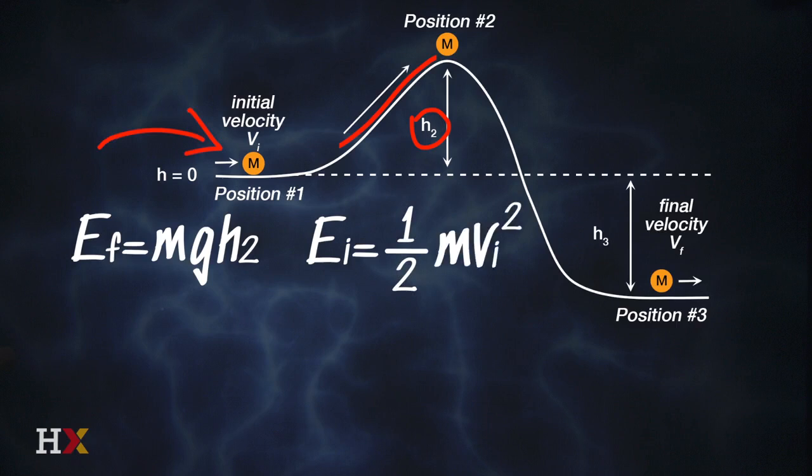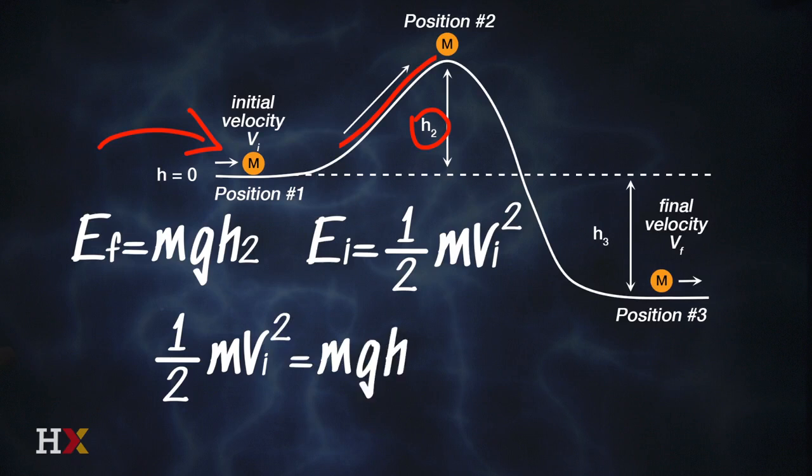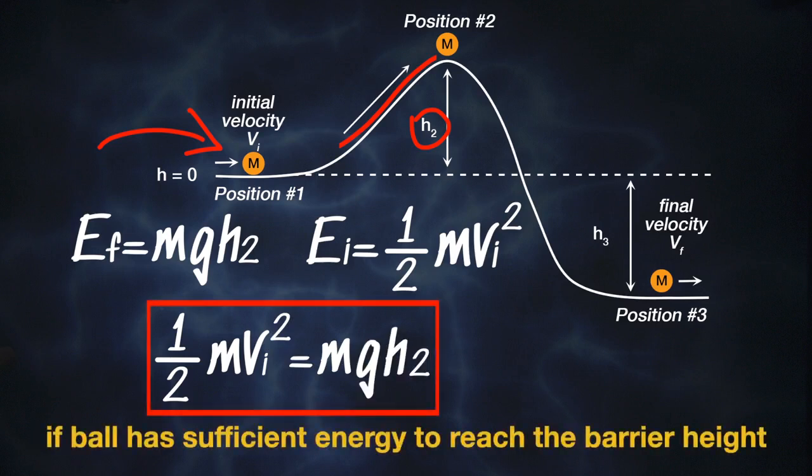But we know we can equate those two because of the conservation of energy. So we have that 1/2 m v_initial squared is equal to m g h2 if and only if the ball has sufficient energy to reach that barrier height.